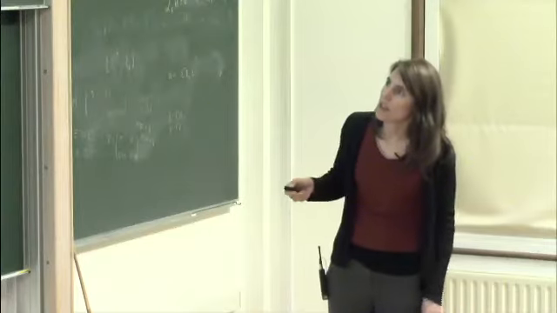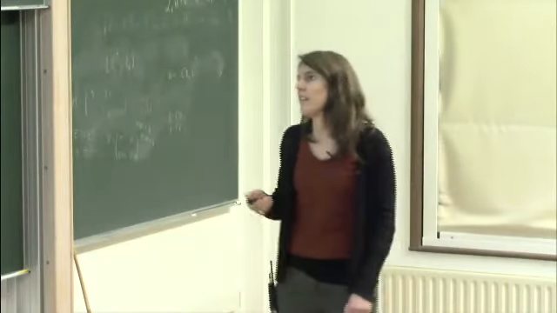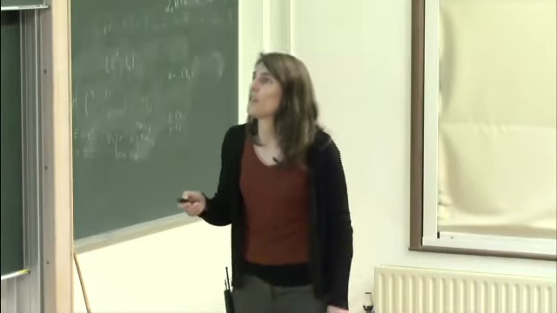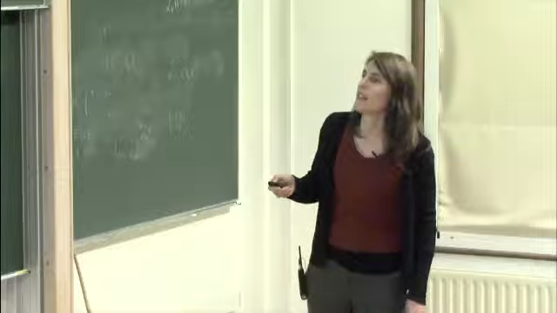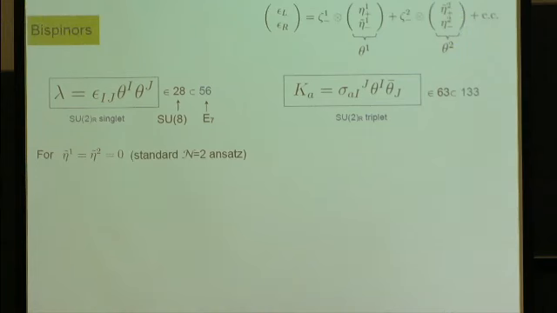So you will recognize things. If you have seen anything about generalized complex geometry, you will recognize everything here. So this particular ansatz is some sort of the standard N=2 ansatz, but it's not the most generic N=2 ansatz.